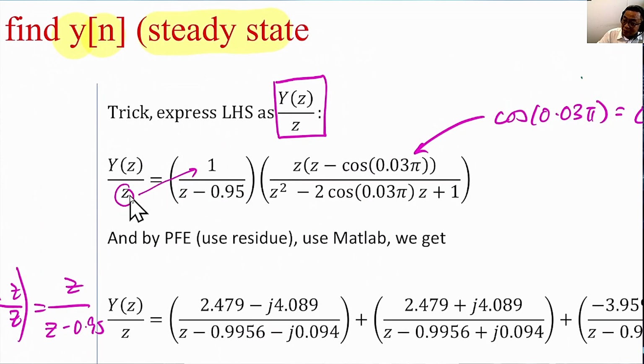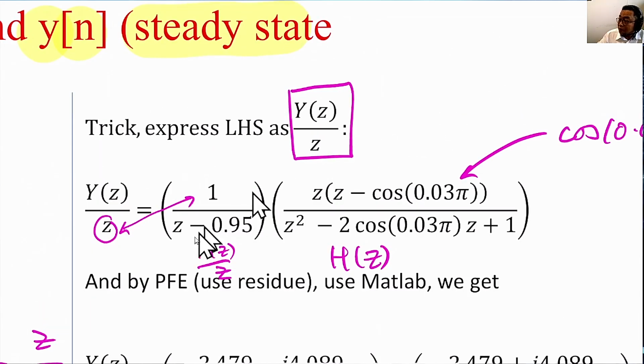When we do it this way, just before we do the inverse transform, this z will go back up again to give Y(z). But when we are finding partial fraction expansion, we want one of the z's to go to the left hand side. So this is actually X(z) over z, and this is H(z).